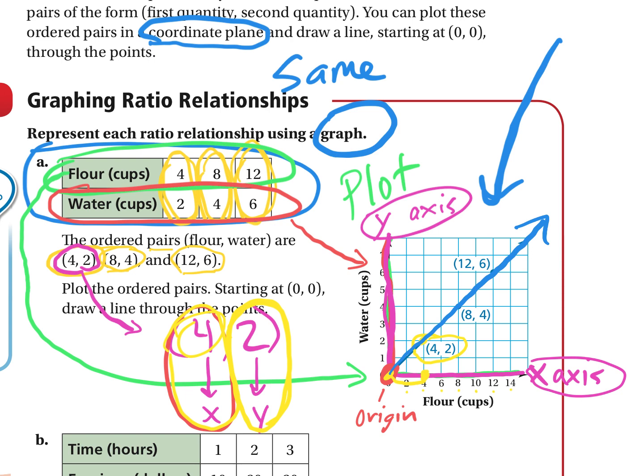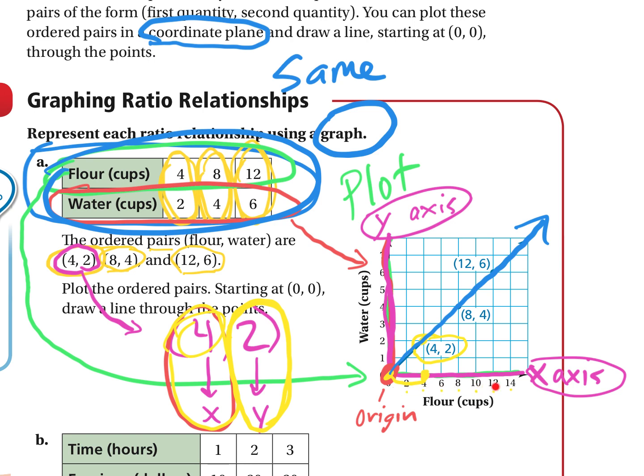And from that line, I can start interpreting what this information is doing. If I'm working with cups of flour and water and my line is going upwards and has a trend to keep going upwards, that probably means that the more flour I'm using, the more water is going to be needed, because my line continually grows in this direction.